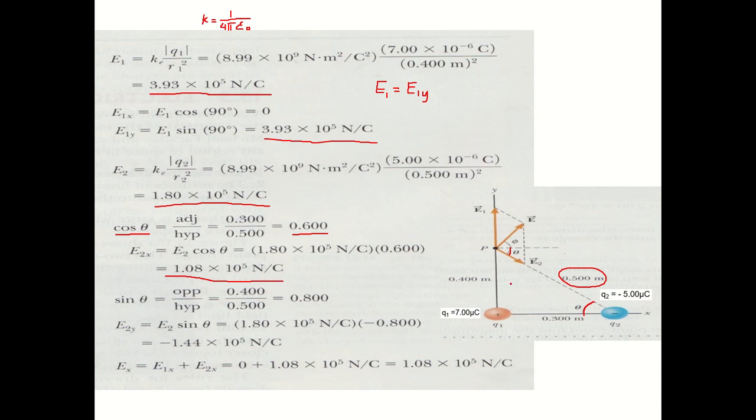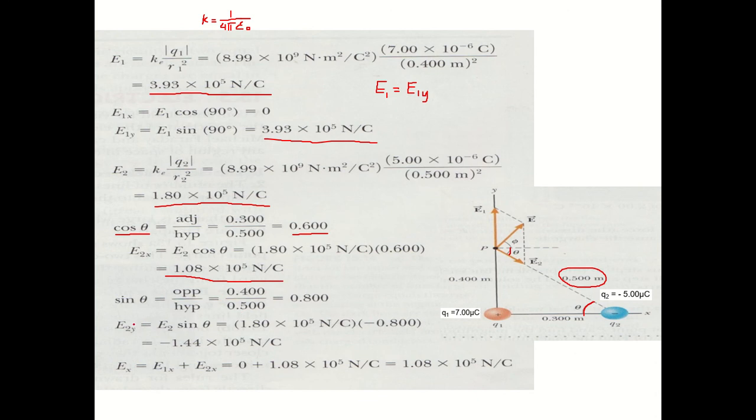Then to solve for the vertical component of this electric field, again we use the trigonometry here. Sine of theta is opposite over hypotenuse. So this is our theta, opposite this side over hypotenuse. So that's why we have 0.4 divided by 0.5, so we got here 0.8. So we can now solve for the vertical component of the electric field E sub 2.